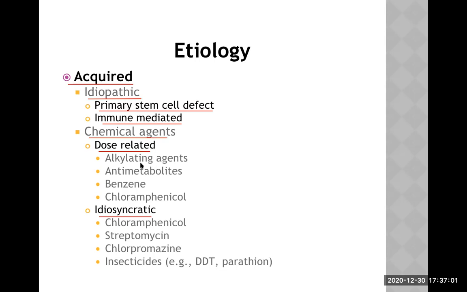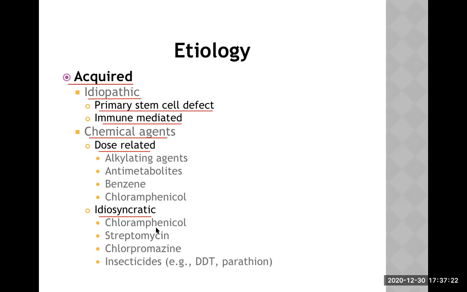So these drugs are alkylating agents like cyclophosphamide, antimetabolites like methotrexate, benzene is a chemical compound, and chloramphenicol is a broad spectrum antibiotic. So that's why chloramphenicol is not usually given to our patient these days because of this dreadful adverse effect.